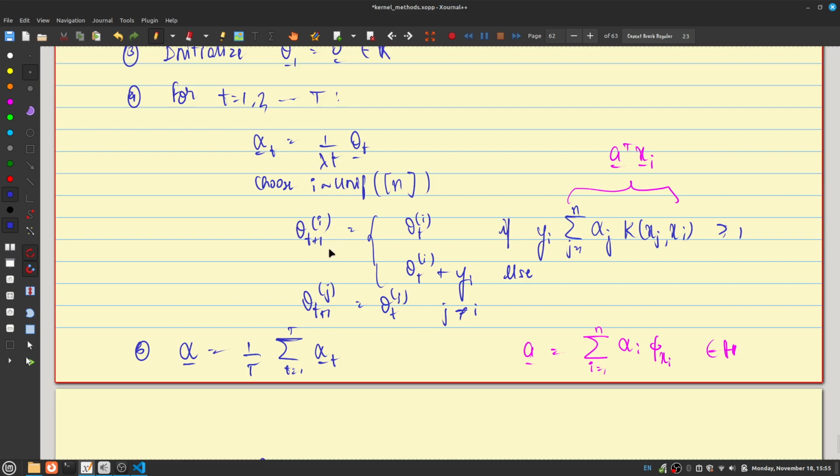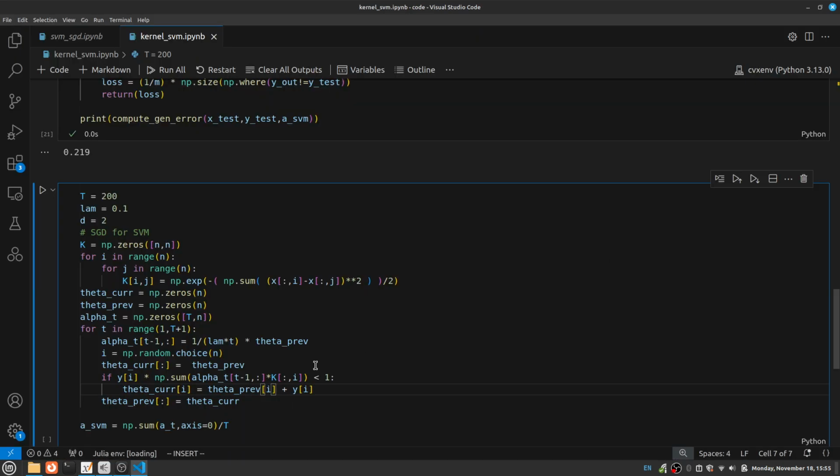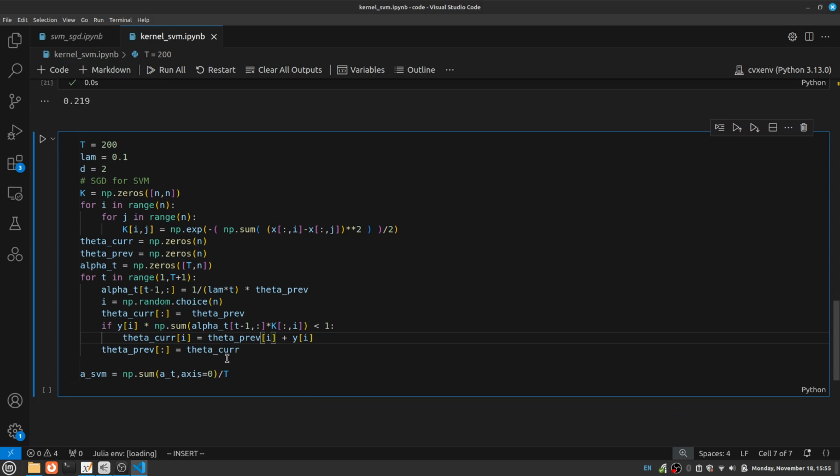Only the ith coordinate is updated to theta t i plus yi if this quantity is strictly less than 1.